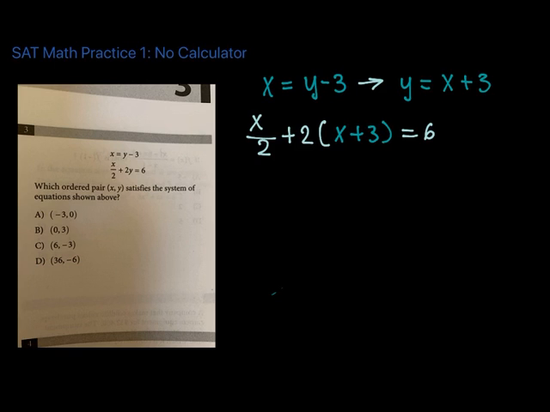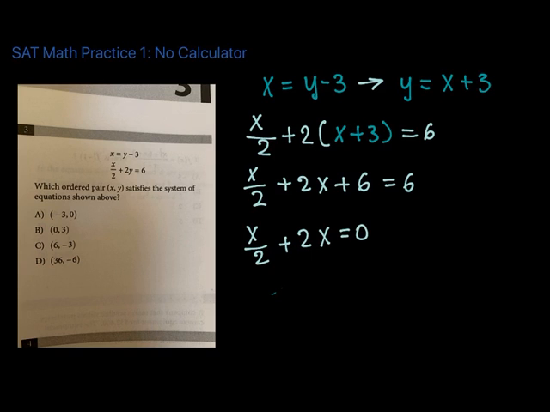So I'm going to distribute 2 within the parentheses. So that would be x over 2 plus 2x plus 6 equals 6, and we can subtract 6 from both sides, so it would be x over 2 plus 2x equals 0. Therefore, x would also equal 0.